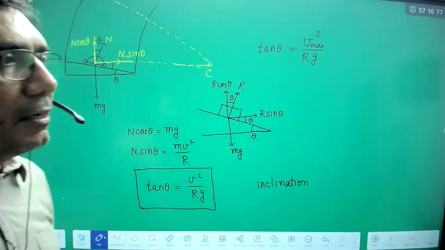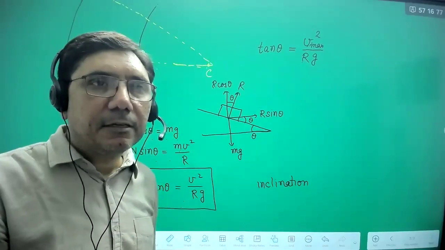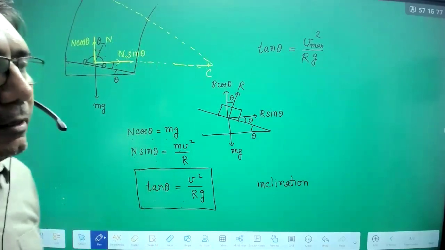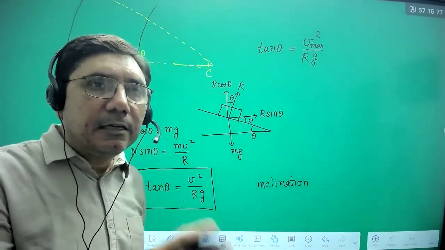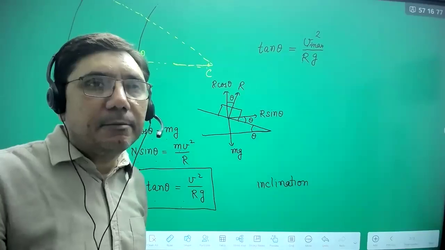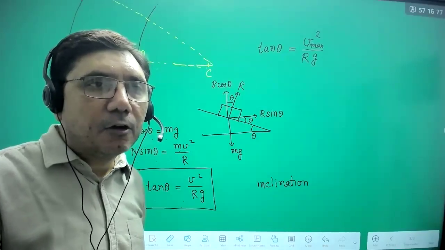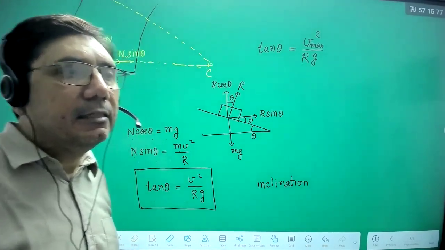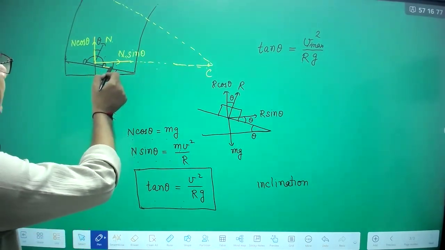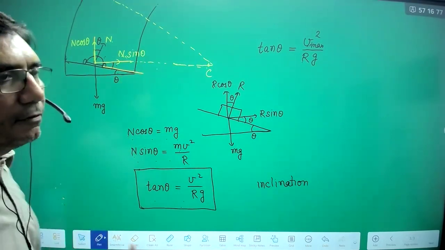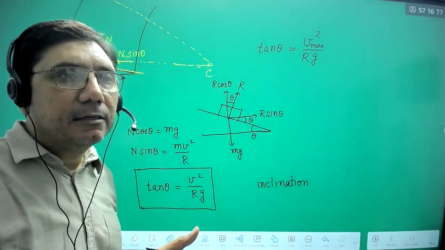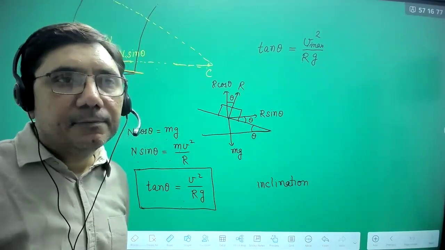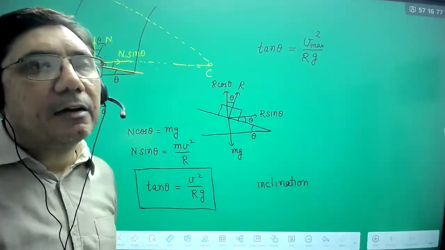Even if speed of the car becomes greater than the upper limit, the car will not skid in this case because static friction. Please repeat the sentence.